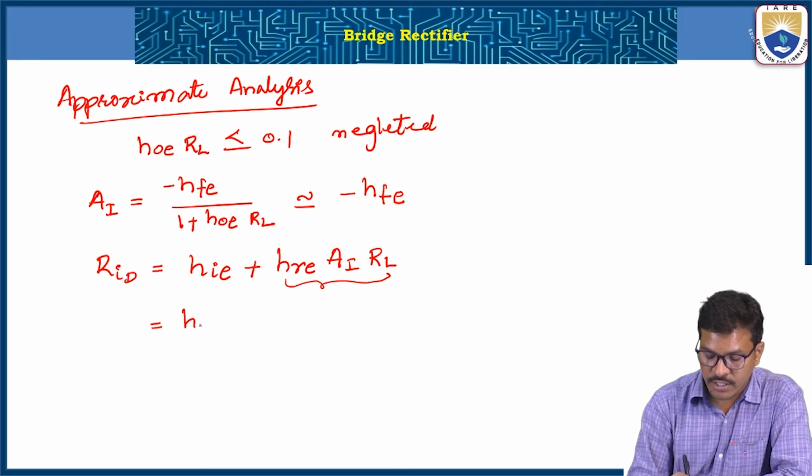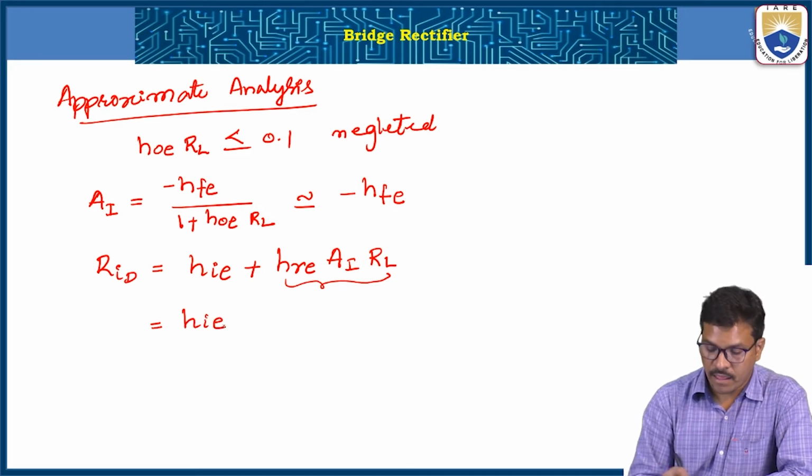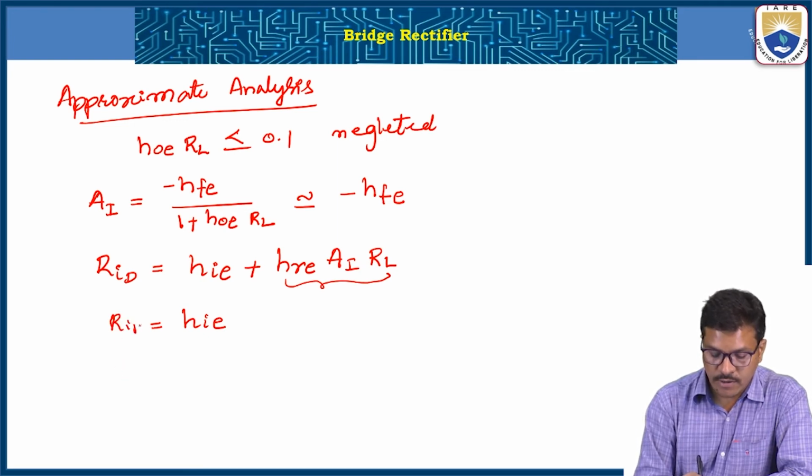Then we can consider only HIE. So this RID is equal to HIE.